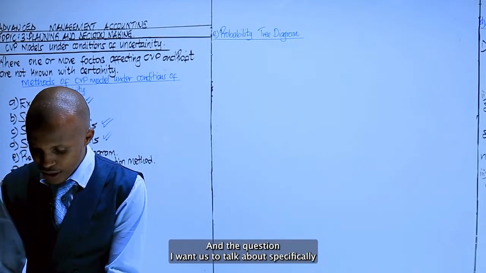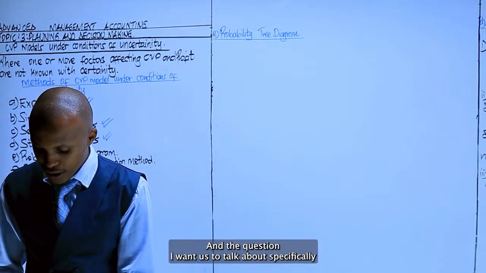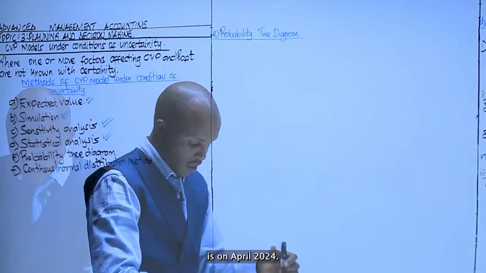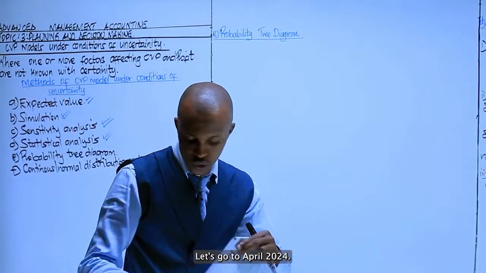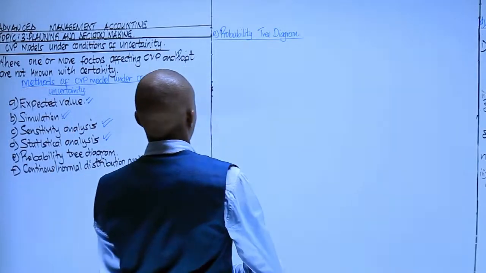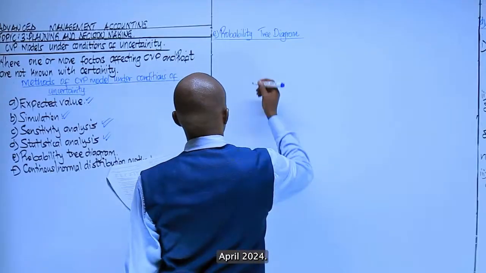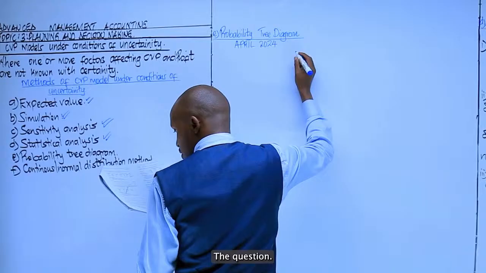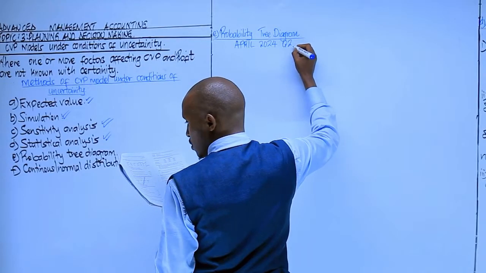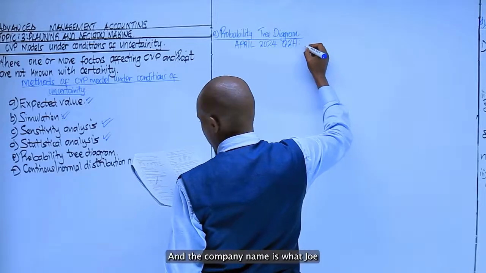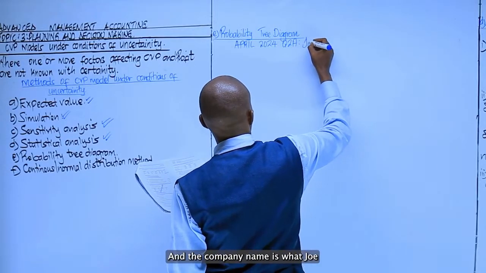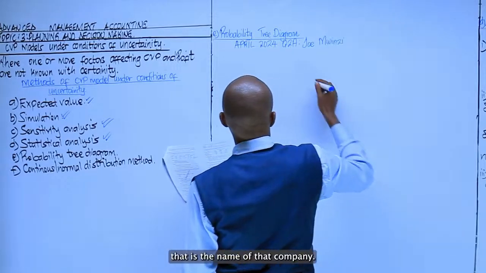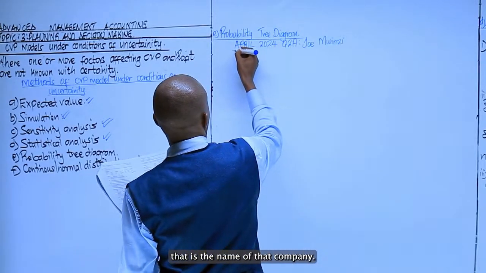I want us to look at an illustration on a tree diagram. The question I want us to talk about specifically is from April 2024, question 2A, and the company name is Joe Mwinzi.